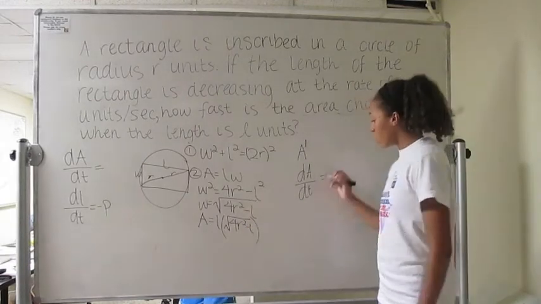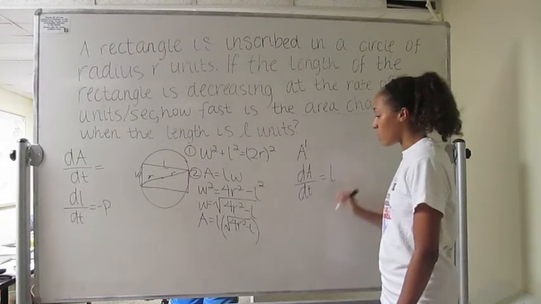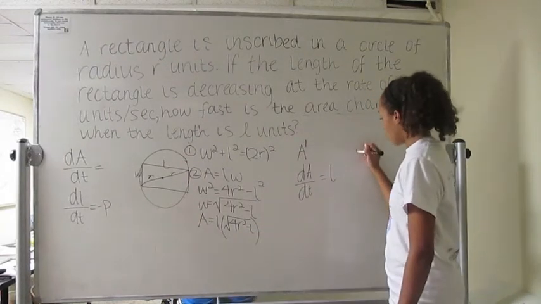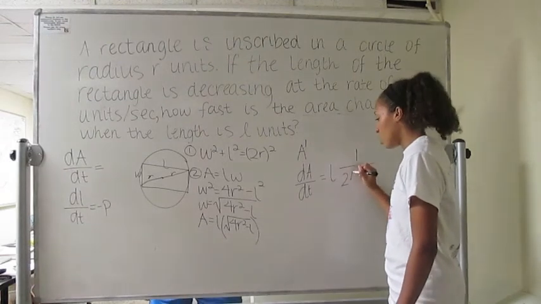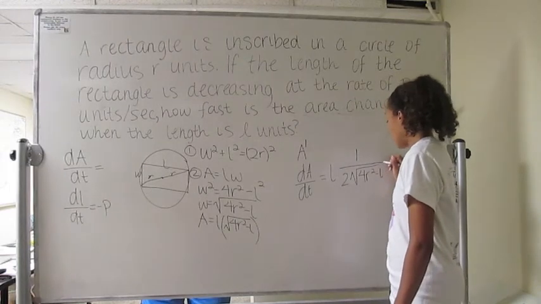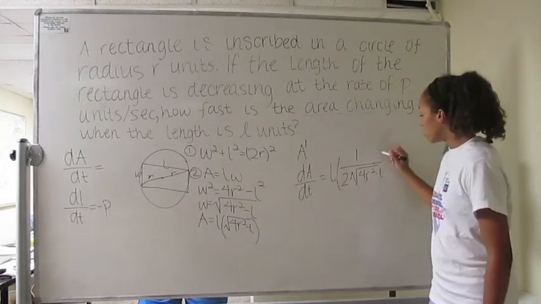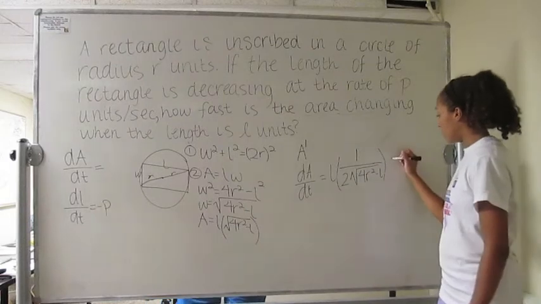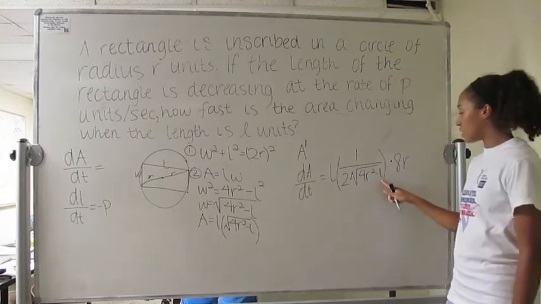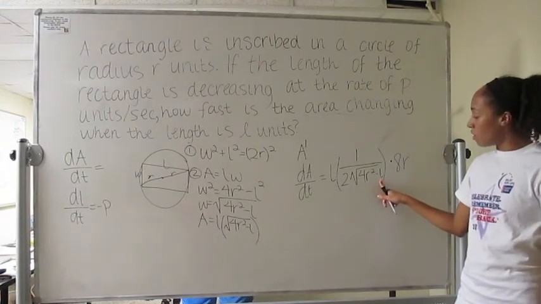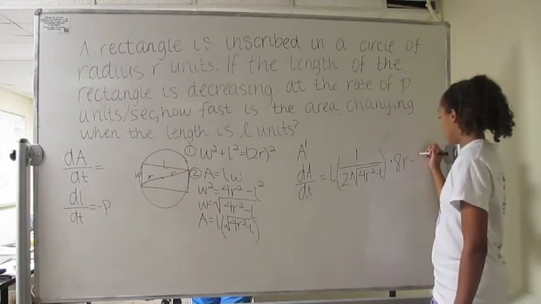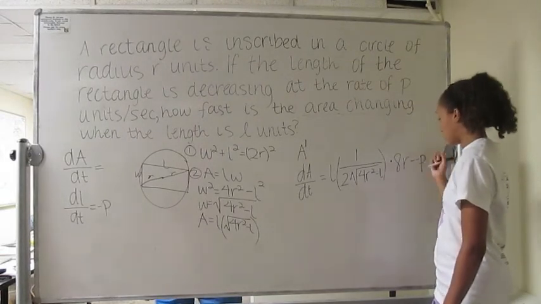So L is the first value times the derivative of the square root of 4r squared minus L squared, which is 1 over 2 square root of 4r squared minus L squared. Next, we use the chain rule to find the derivative of the inside of the square root, which becomes 8r minus L. We already know that L is a value, but we know that the derivative of L is negative p. So it's minus negative p.